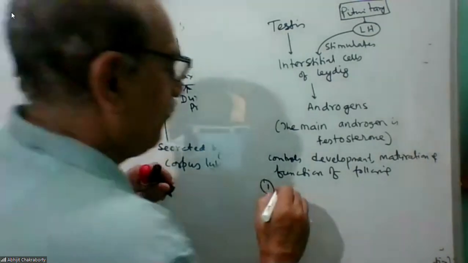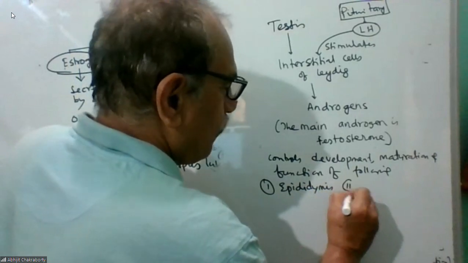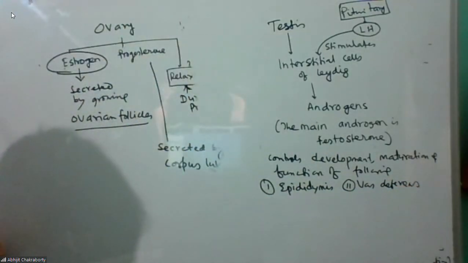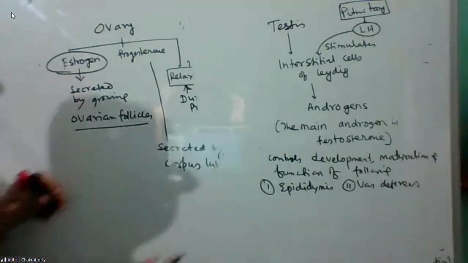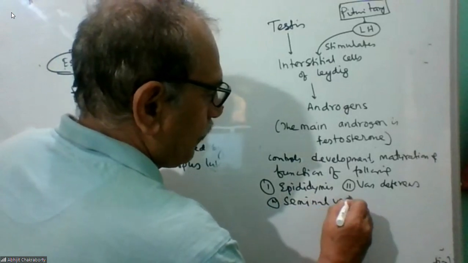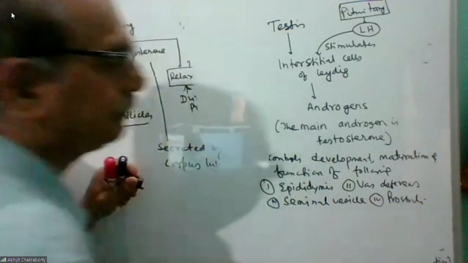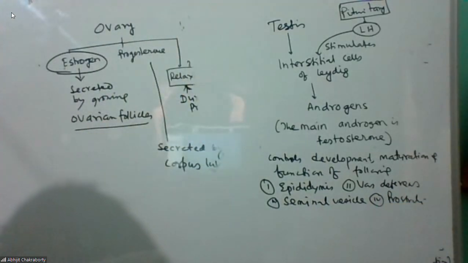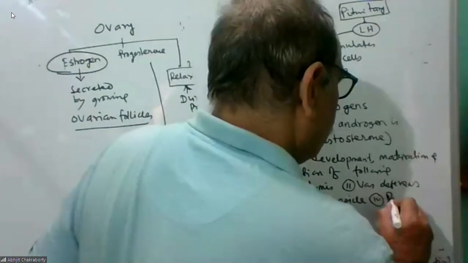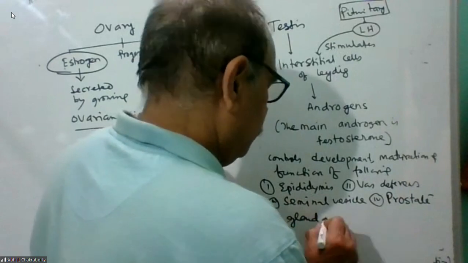epididymis, vas deferens, seminal vesicle, prostate gland, urethra.